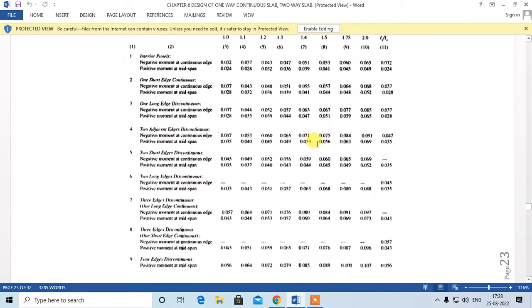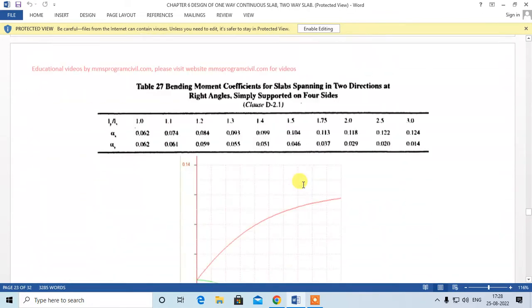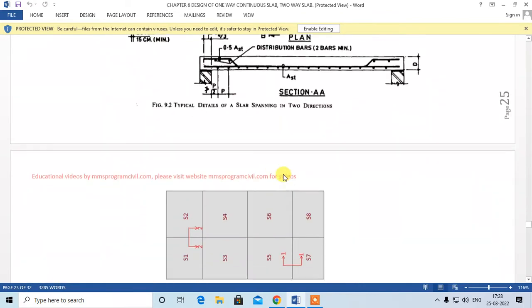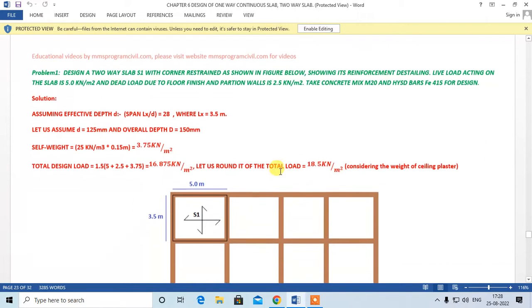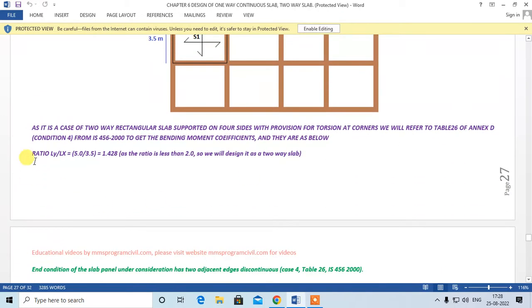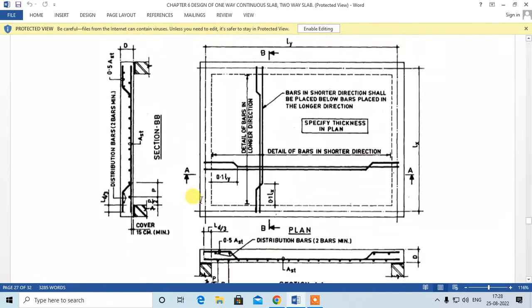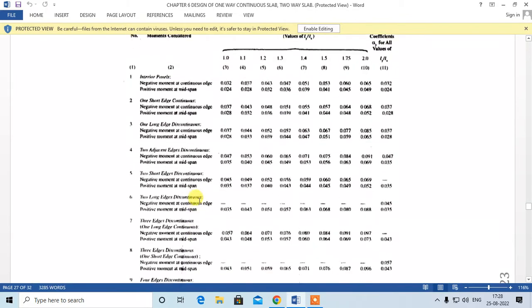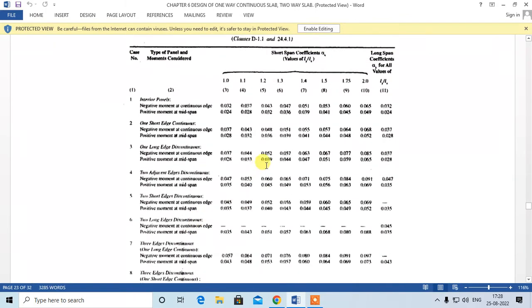Okay, fine. So now let us find the aspect ratio. The aspect ratio Ly by Lx is equal to 1.428, which is less than 2, so it will be designed as a two-way slab. So for 1.428, we will have to see that it falls between these two.